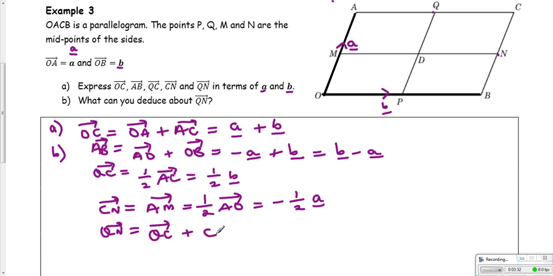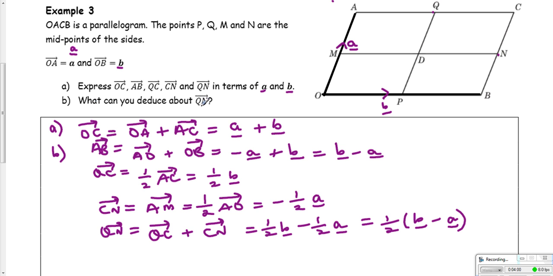And then I can go from C to N. Q to C is a half b. C to N is minus a half a. And so you can write QN as a half b minus a half a. And if you want to, you can factorise it, take the half out. That's sometimes helpful for these sorts of questions.